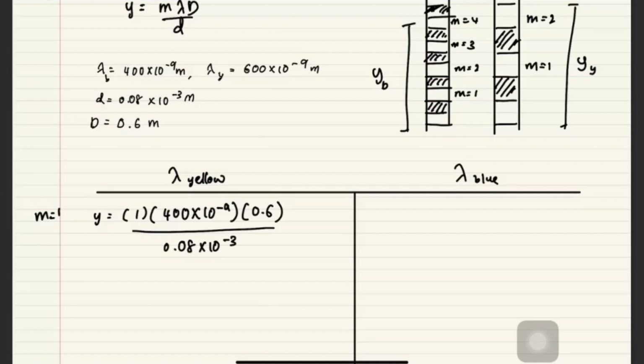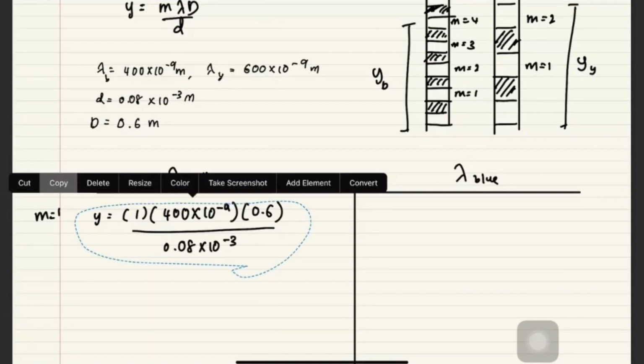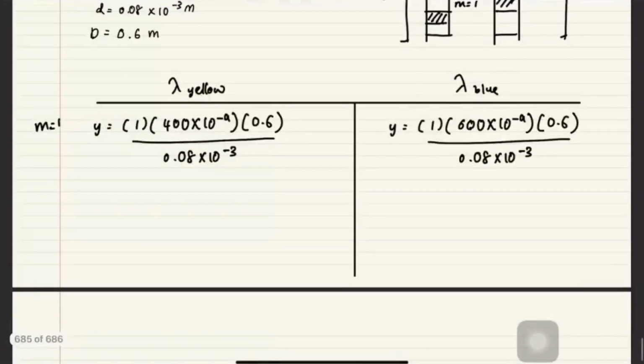Then you do the same thing. So now you change dia punya lambda tu. Okay. Then if you calculate, obviously the values will be different lah. Sebab satu tu lambda dia berbeza kan.